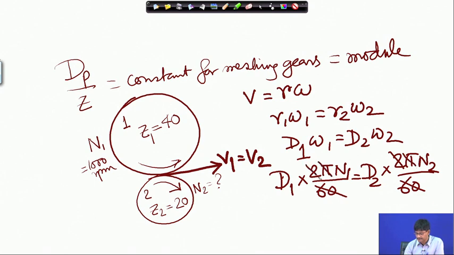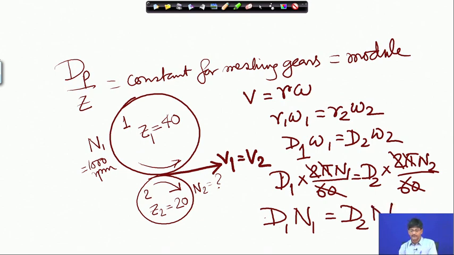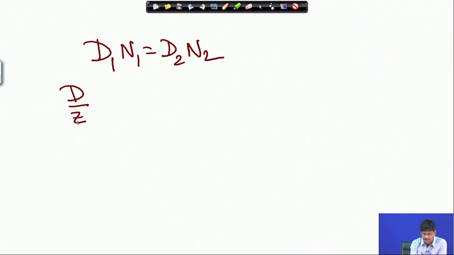And we have D1 N1 equal to D2 N2. Okay. So, let us select a fresh page and write here D1 N1 equal to D2 N2, and therefore, since we have found previously D by Z, you know dp and D here they are the same things, D by Z is equal to module.